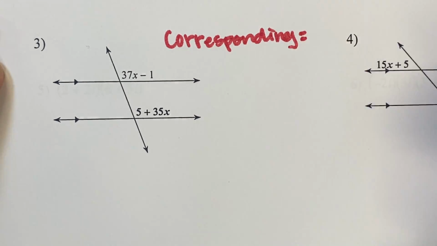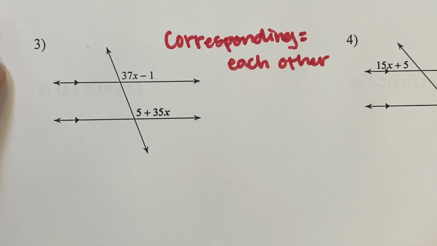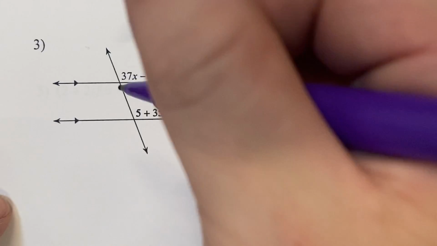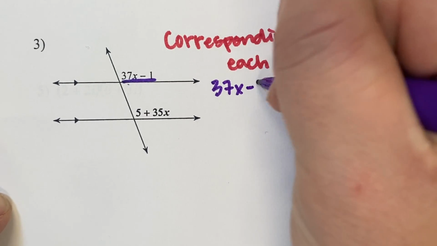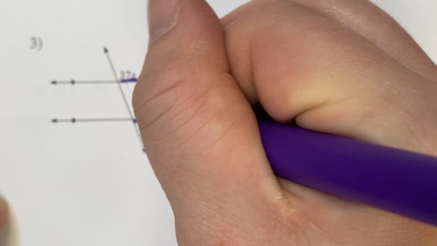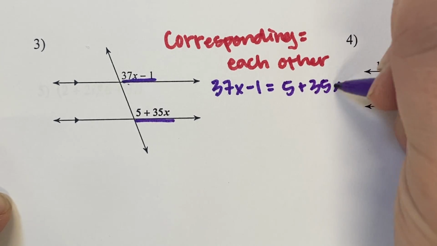Corresponding angles equal each other. So we can take one of them, 37x minus 1, and set it equal to the other one, which is our one in bold, 5 plus 35x.